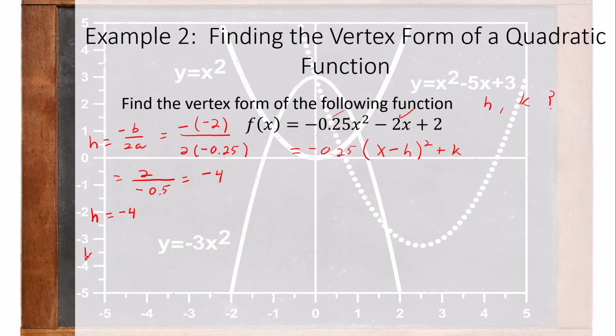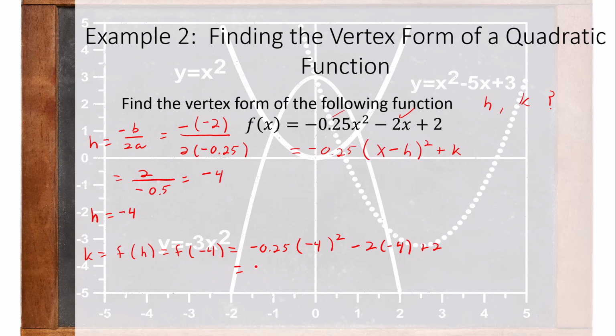k is going to be equal to f evaluated at h. In other words, it's going to be equal to f evaluated at negative 4. All right, well, here's our definition for f. Substituting negative 4 in for x, you're going to have negative 0.25 times negative 4 squared minus 2 times negative 4 plus 2.